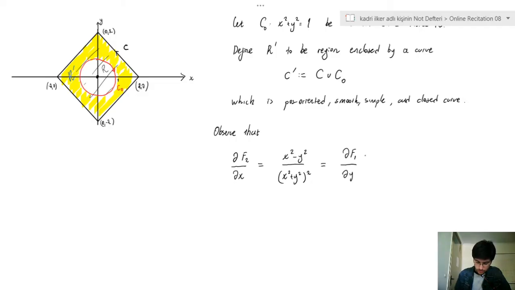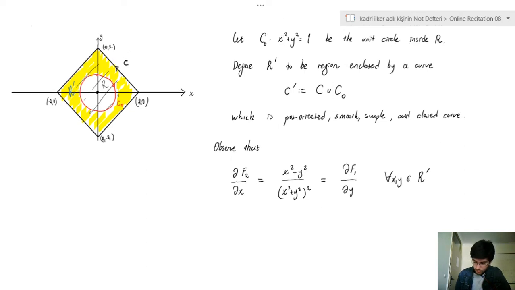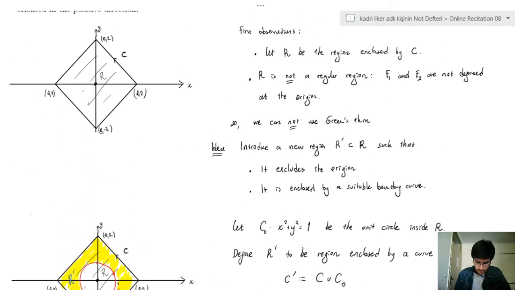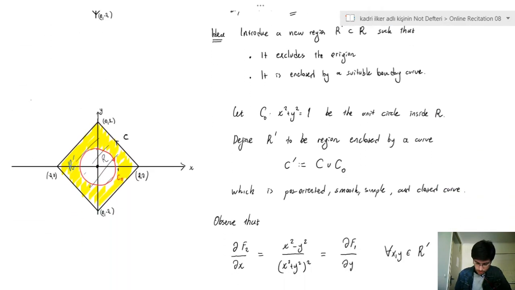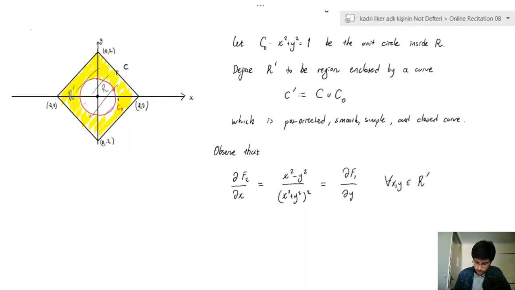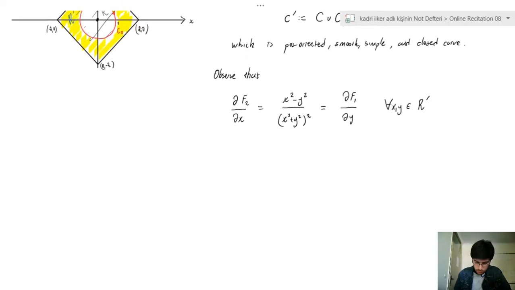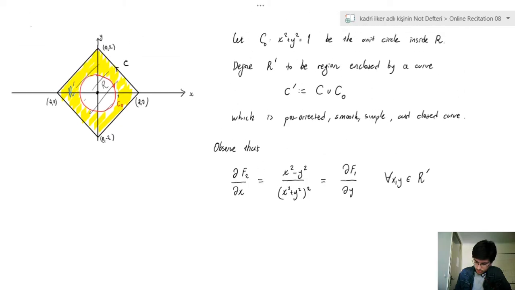The best part of this analysis is that this is true for all (x, y) in R prime, not R. Remember, in the original region R we have a problem, the origin. But in this newly constructed region R prime there is no problem, because the origin is excluded. So R prime is a regular region.